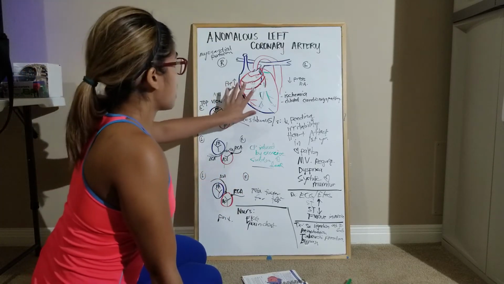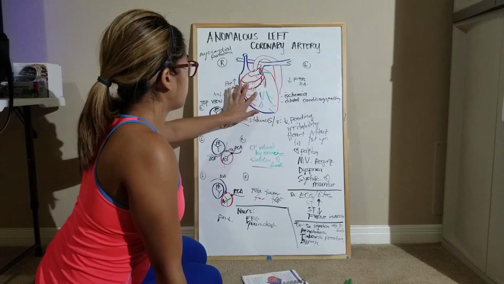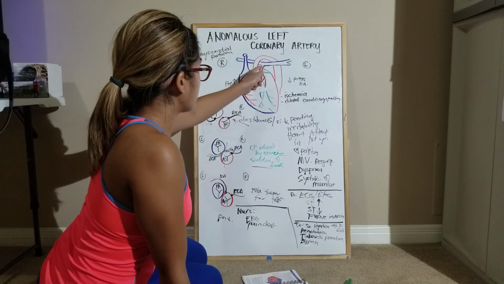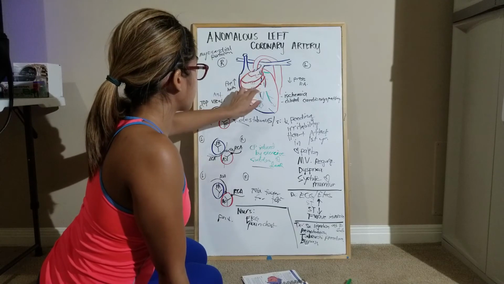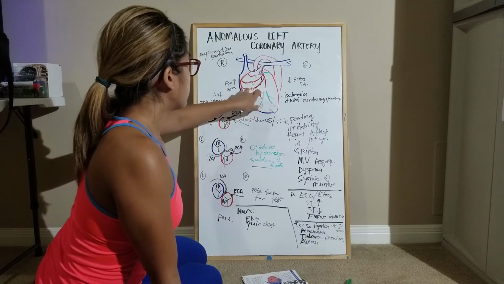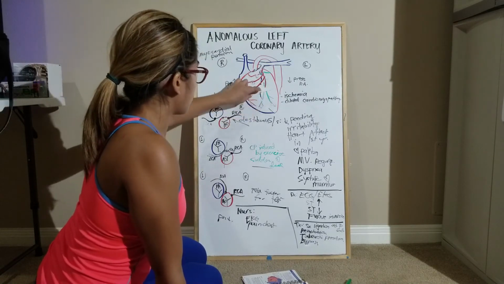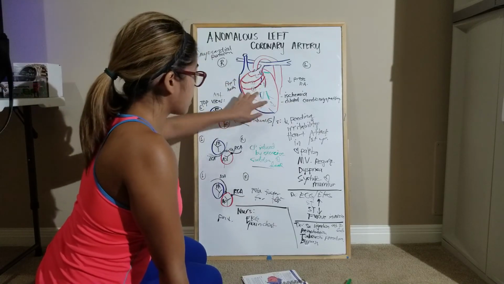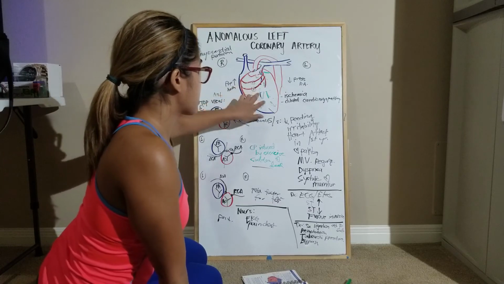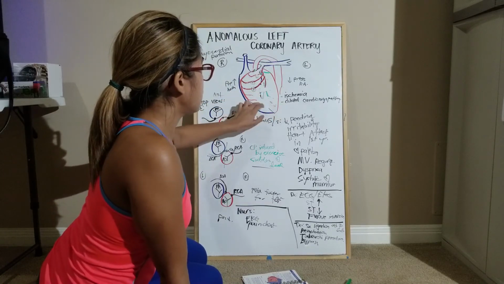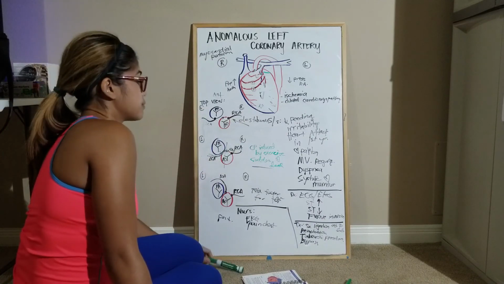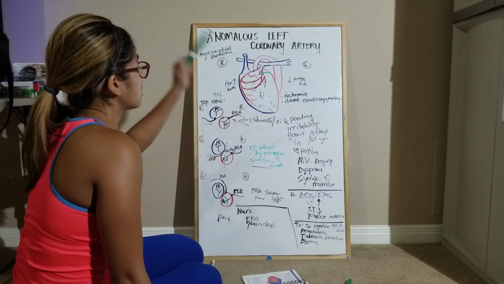Since the right ventricle can't pump blood to the pulmonary artery because of that stenosis or blockage, it might produce a VSD, a ventricular septal defect, to bypass the pulmonary artery and flow to the left side of the heart. I just found that interesting. So that is it for anomalous left coronary artery.